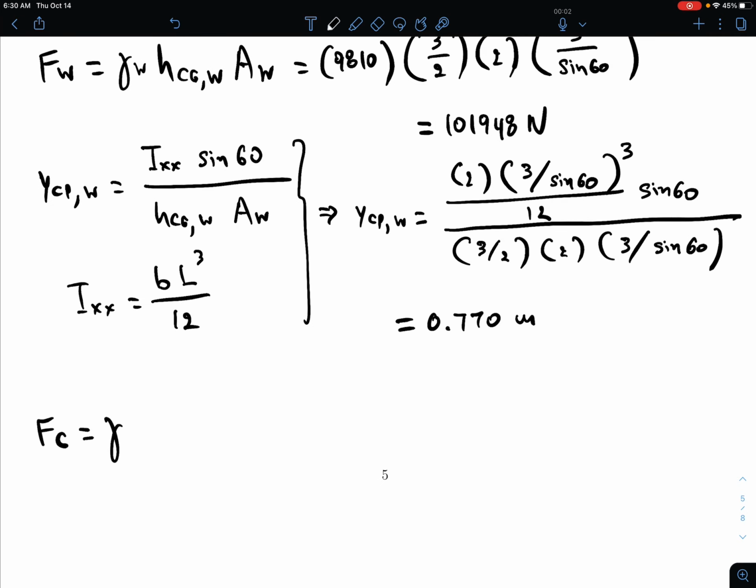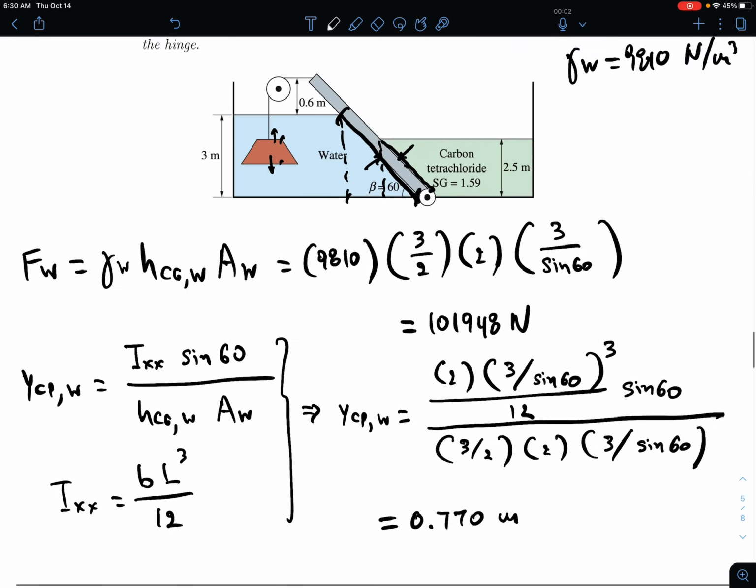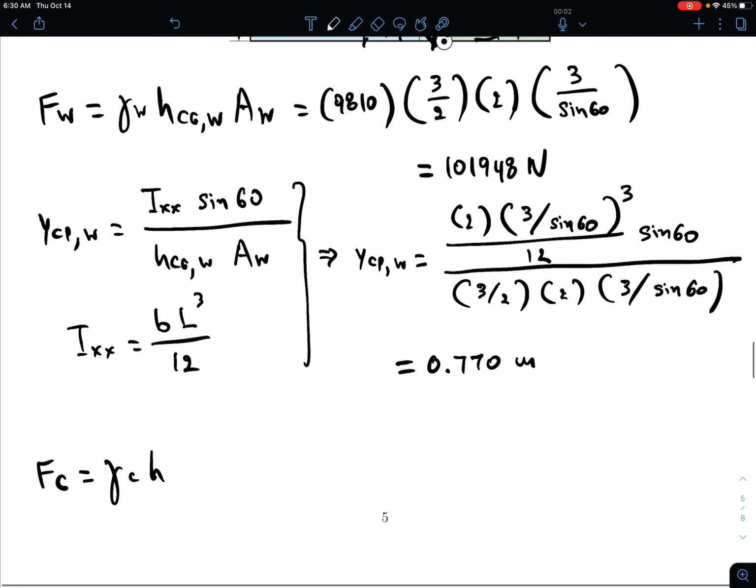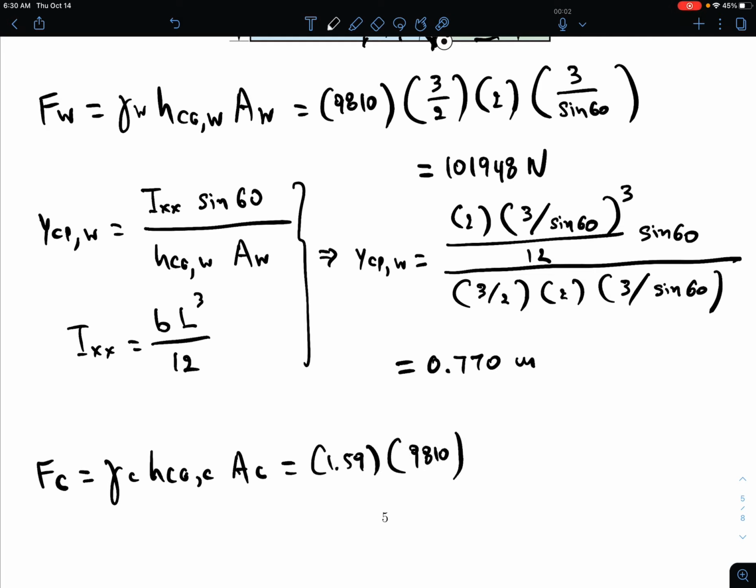There we've got FC equals gamma C times CGC times AC. So we have 1.59 times 9810, that covers the specific weight.